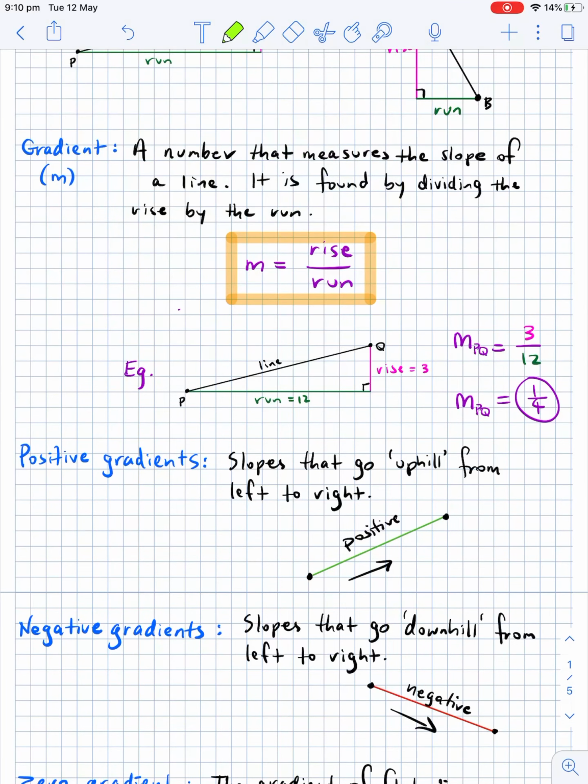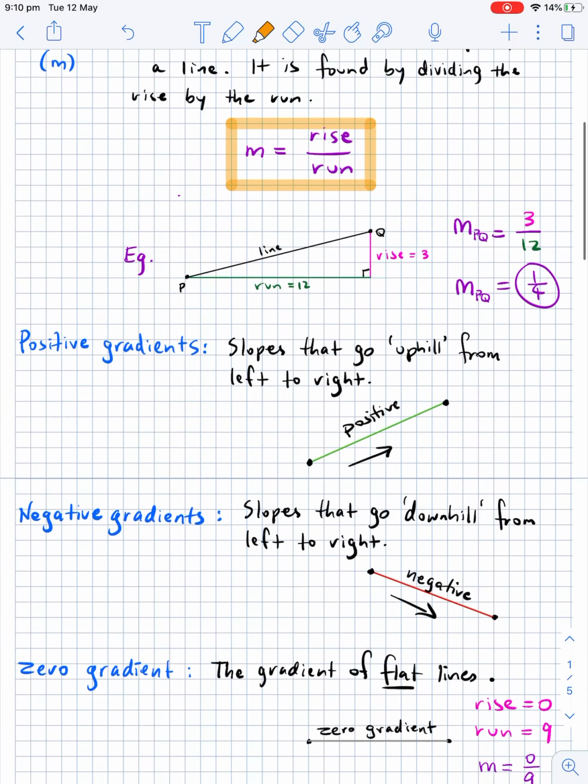You can see that for every one that it rises, for example, it goes across by 4. So you can see the 1 over the 4, and you can keep seeing this pattern of 4 to 1 each time with this line. So that's why it simplifies to 1/4. But okay, so anyway, let's move on.